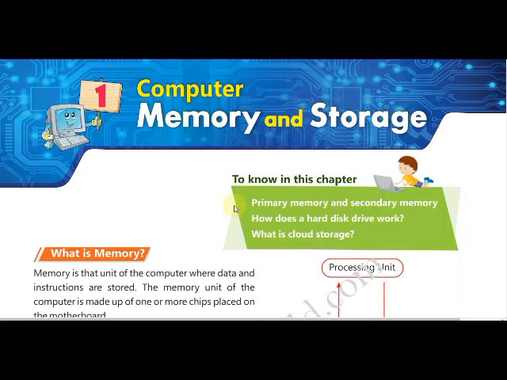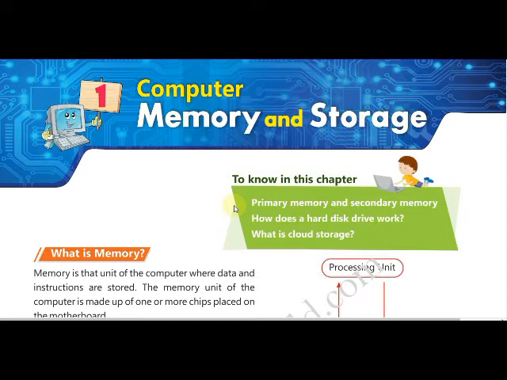The CPU. And it has three main units. What are these? First the control unit, then the second one is the arithmetic and logic unit, and the last one, which we have to learn in this chapter, is the memory unit. First let's see the control unit.